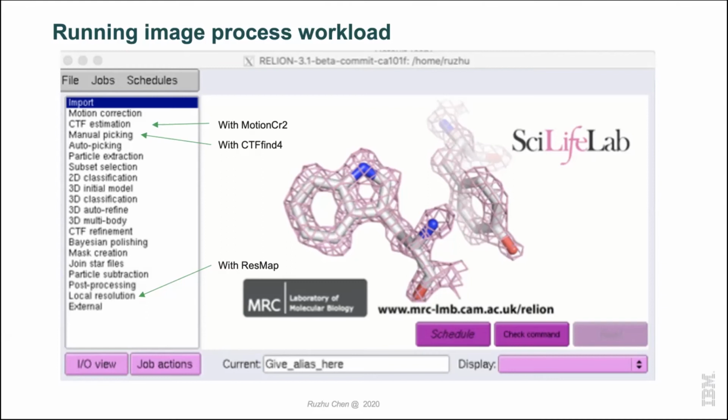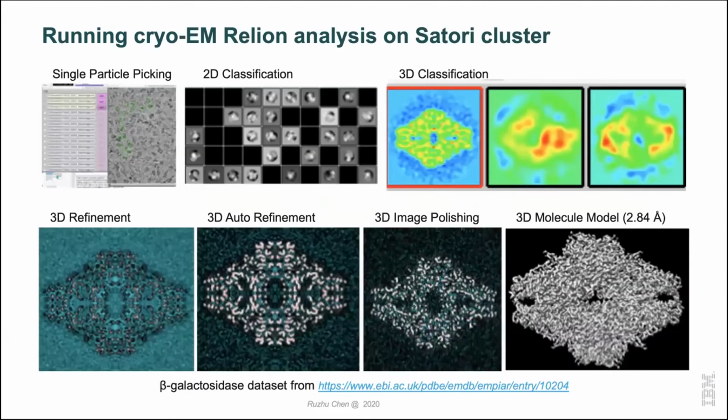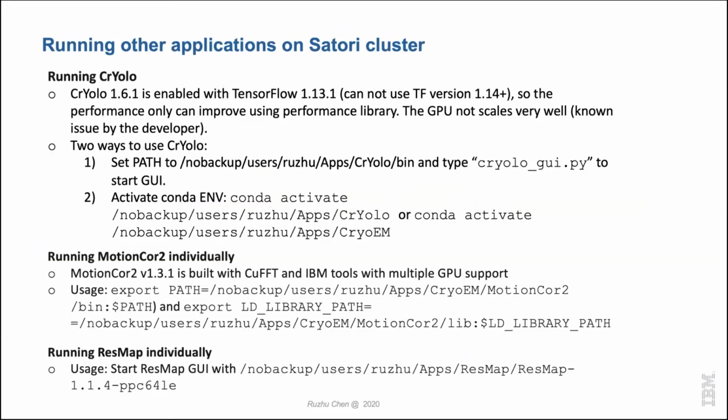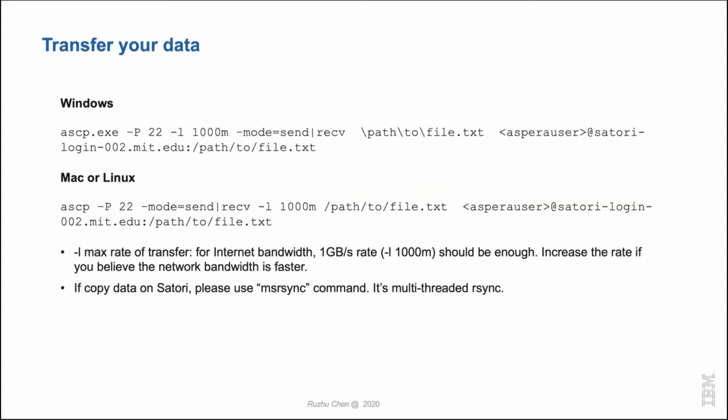One of the similar small examples I did here is getting the image from the beginning, and finally I do the refinement and get a better image. Yeah, I think that is it for me.